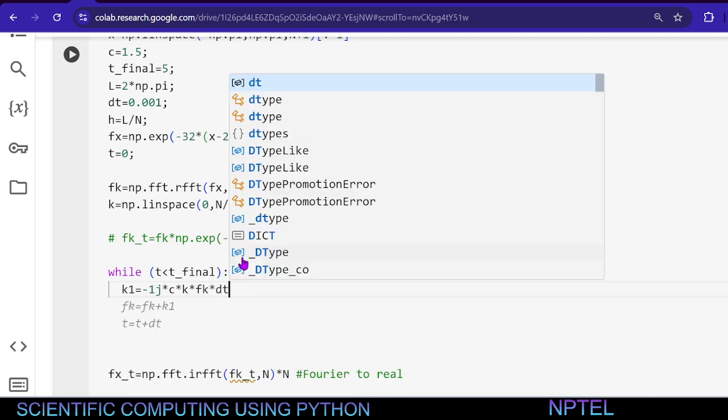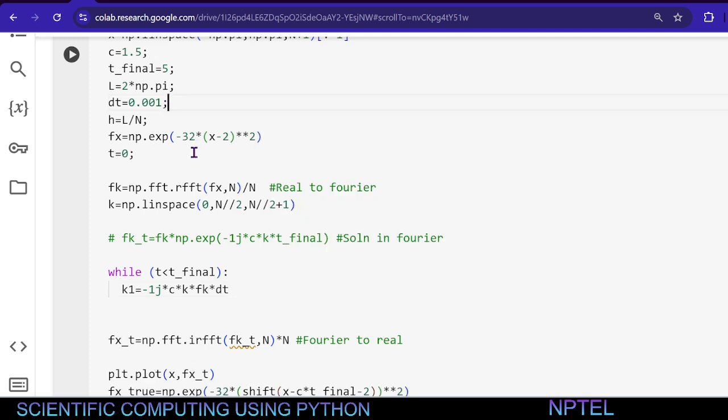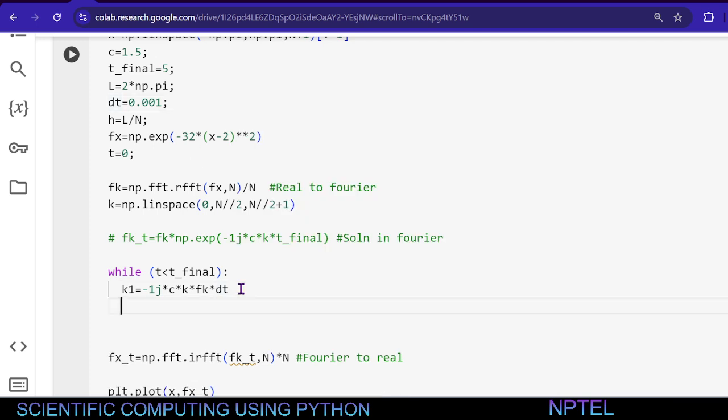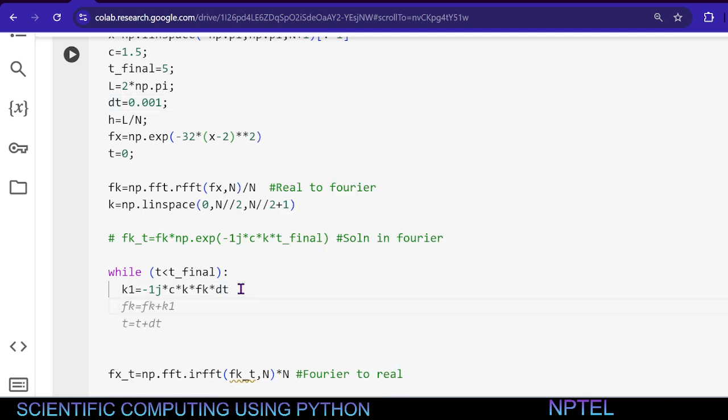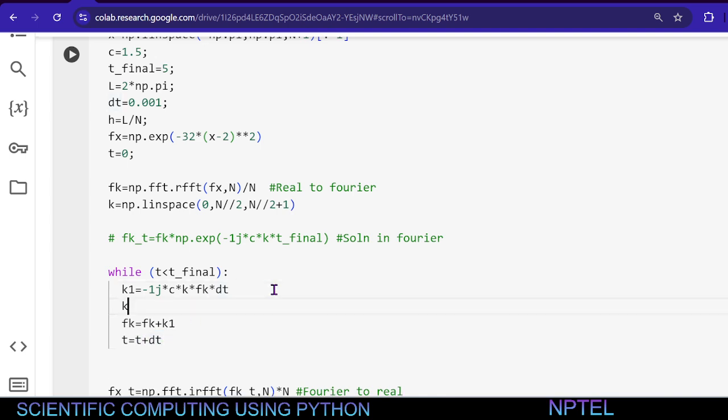So always there. Have I defined dt? Yes. Okay. And if I were doing RK1, that is the Euler method, then it should be just this, right? fk plus k1 and t is t plus dt. But we are doing RK2, so that is going to be what the computer tells me.